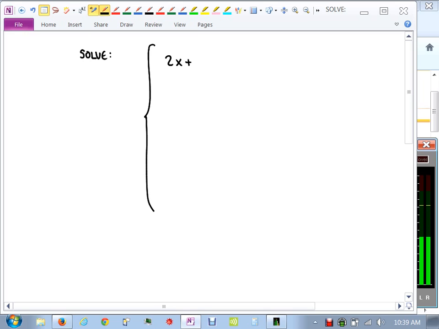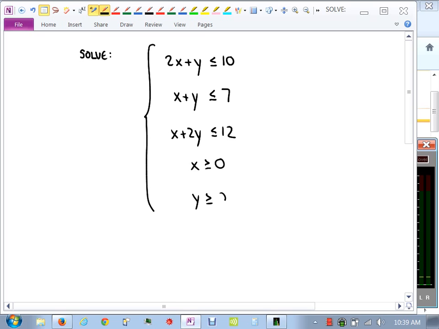Two x plus y less than or equal to 10. X plus y less than or equal to 7. X plus 2y less than or equal to 12. X greater than or equal to 0. Y greater than or equal to 0.